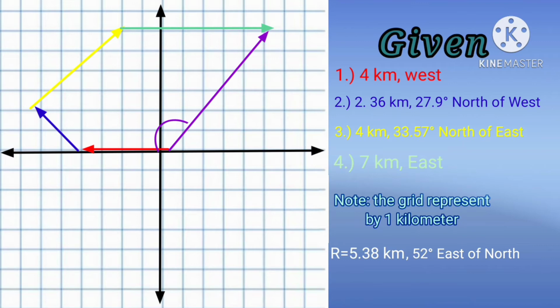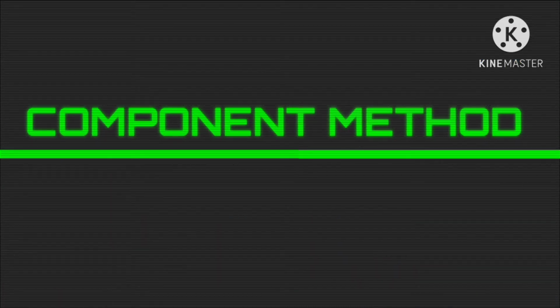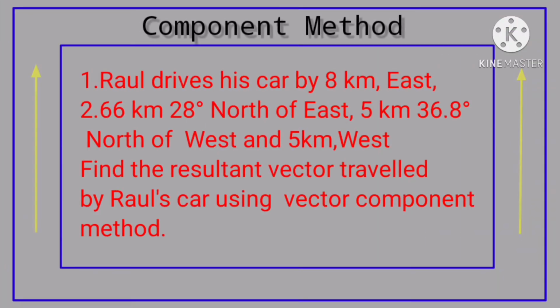So now, let's proceed to our second example, which is the component method. Here is the example of the component method. Raul drives his car 8 km east, 2.66 km, 28 degrees north of east, 5 km, 36.8 degrees north of west, and 5 km west.